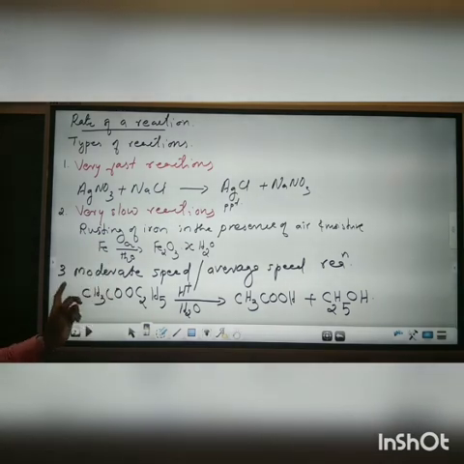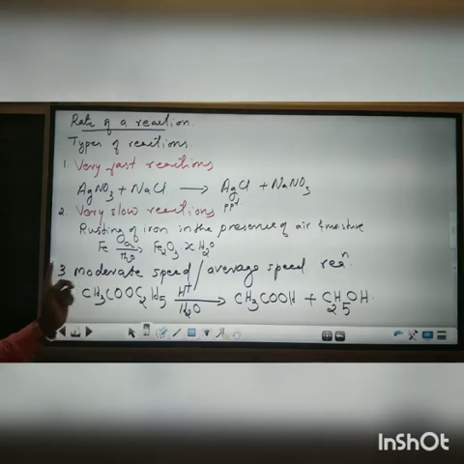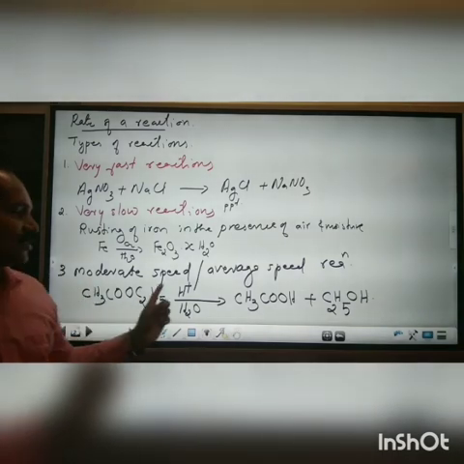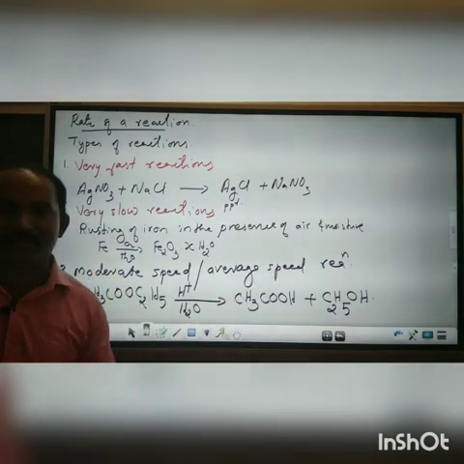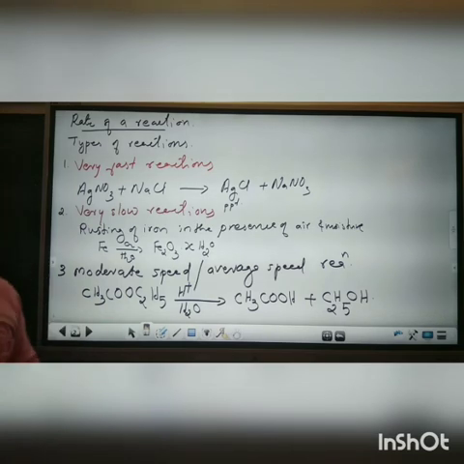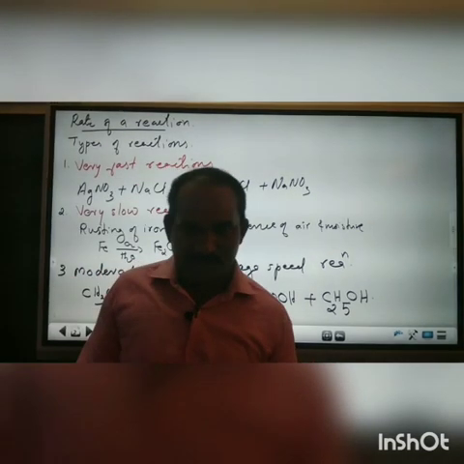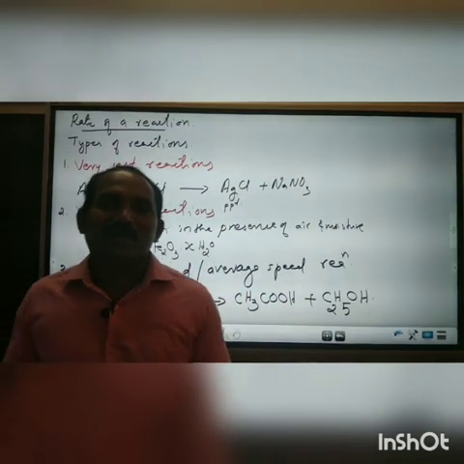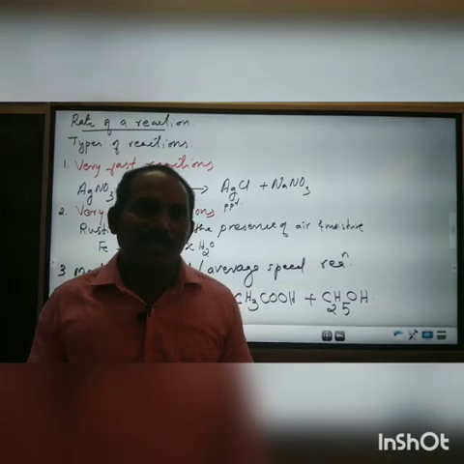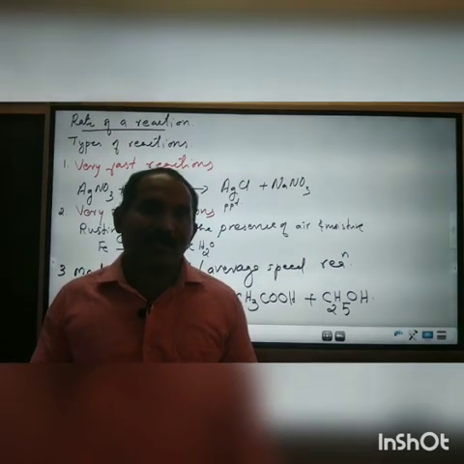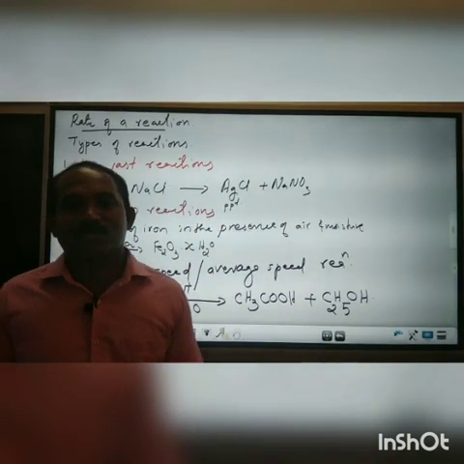In this chapter, we are discussing the rate of reactions which come under moderate or average speed. Very clear? Then we move to the rate of the reactions. As I already told you, the rate of the reaction is the change in the concentration of any one of the reactants or products.